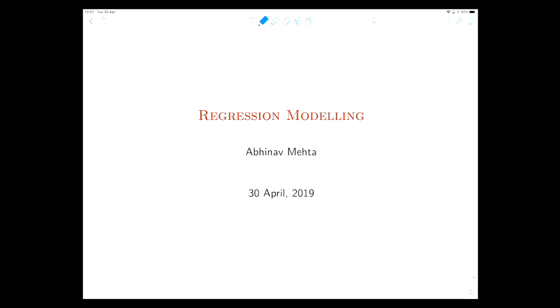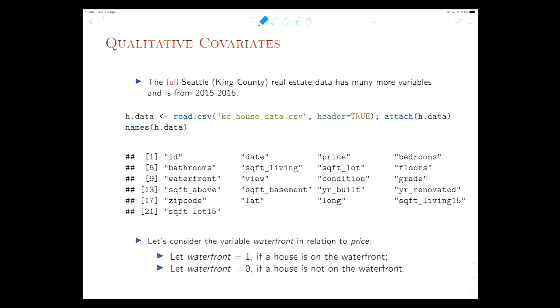Today we're going to look at an extended version of that same data set where we have some other variables recorded as well. Again, this data set is available on Wattle. It's called KC housing data.